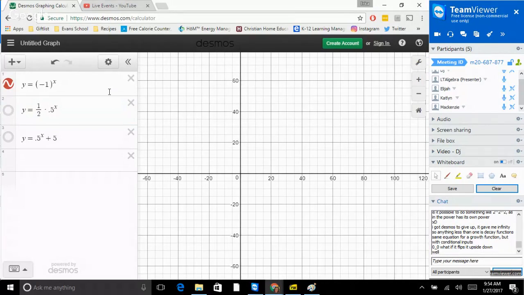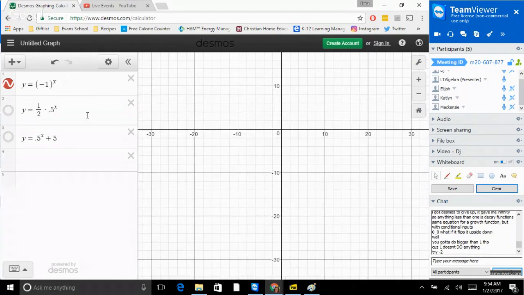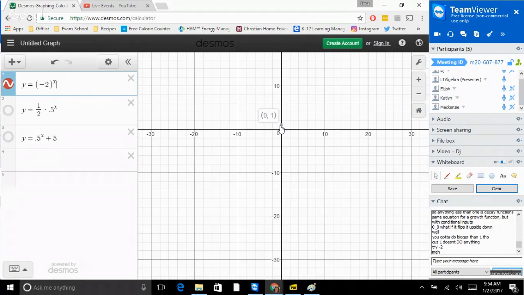So that's why our number has to be between 0 and 1 for a decay function, and greater than 1 for a growth function. Yeah, -1 doesn't like it, right? You want to try -2? Looks like there's 1 point here.